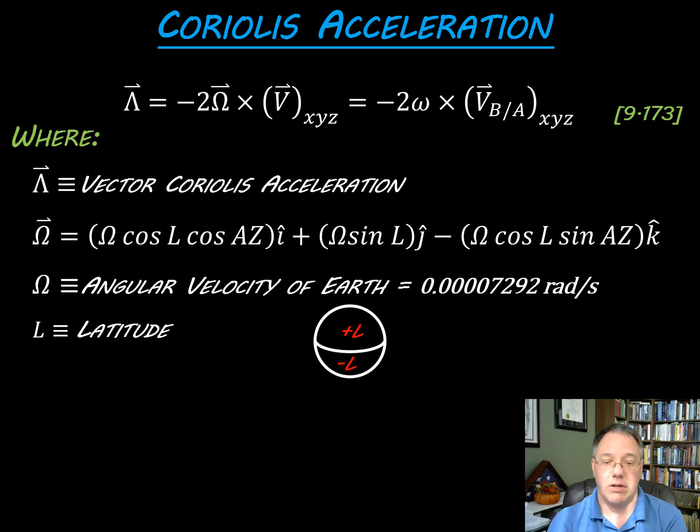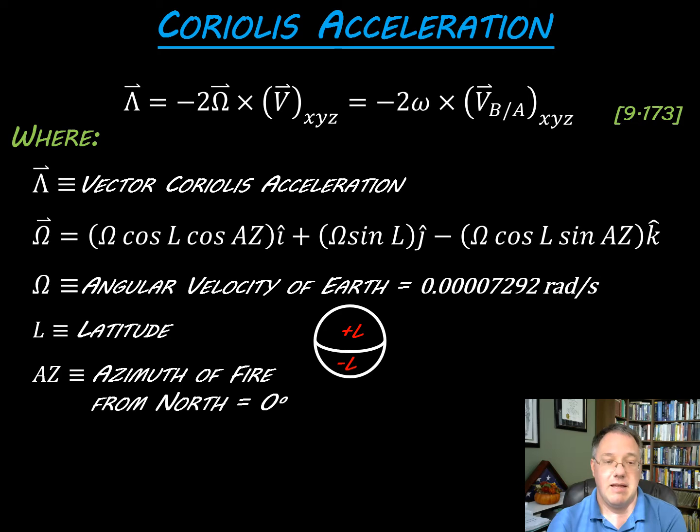If we look at the globe, in the northern hemisphere we define those latitudes as positive, and in the southern hemisphere as negative. It has to do with which way the Earth is rotating, so we have to account for that properly. And AZ is the azimuth of fire, and we will consider north to be 0 degrees.